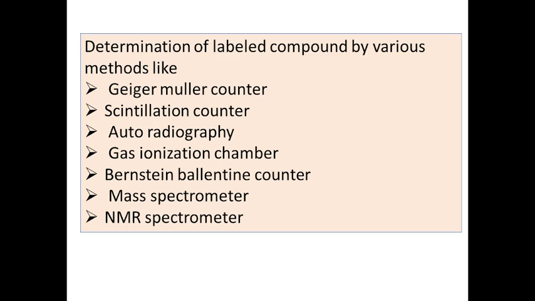Second one is scintillation counter. For soft and easily absorbed radiation from hydrogen 3 and carbon 14 label compounds, the instrument of choice is the scintillation counter.